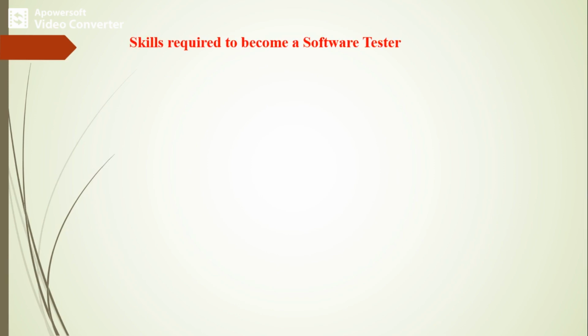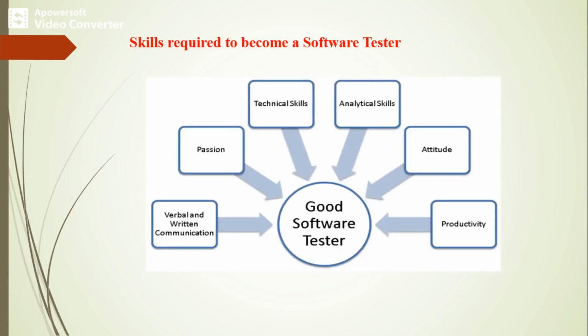If you want to become a software tester, what type of skills should you have? Basically, we should have the following skills: technical skills, analytical skills, attitude, productivity skills, verbal and written communication, as well as a passion for that particular work. Then only, if you have these skill sets, are you fit to become a software engineer or a software tester.